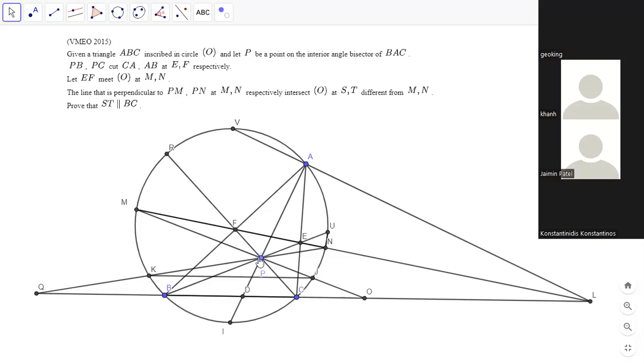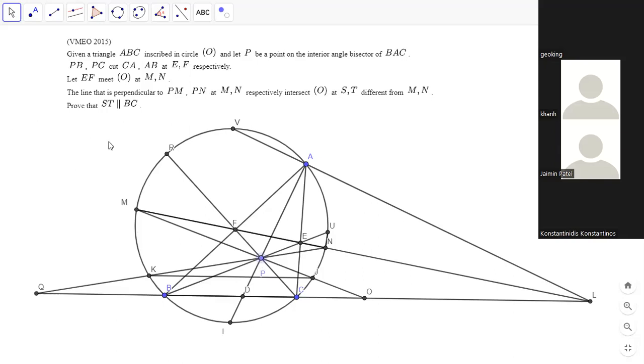Yeah, is it clear that V, M, and Q are collinear? I doubt. I think it is sufficient, what we need to prove. Oh, if we could show that V, M, and Q are collinear, it would.